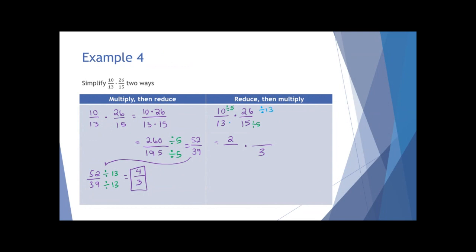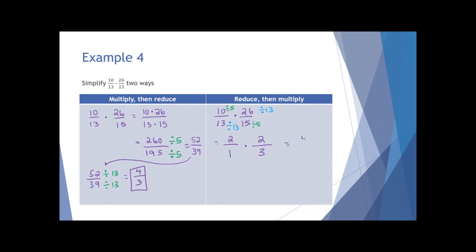So I can divide both the 26 and the 13 by 13. 26 divided by 13 is 2, and 13 divided by 13 is 1. So if I reduce first, I now have much smaller numbers, and now I can multiply those.